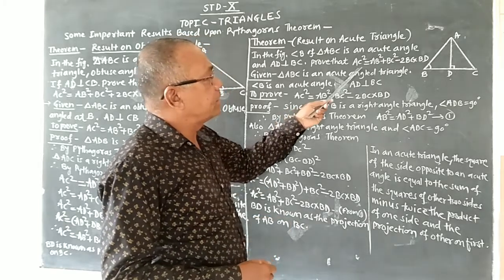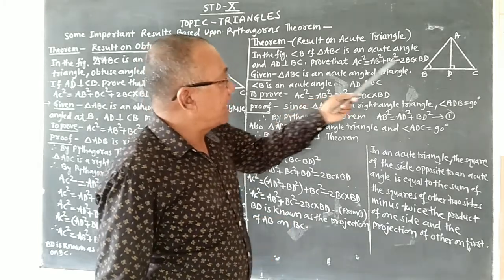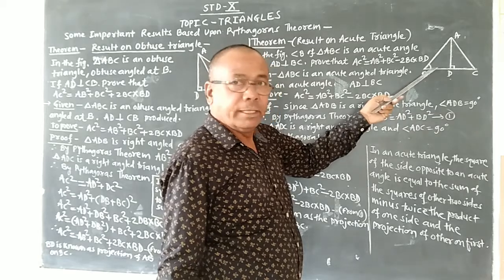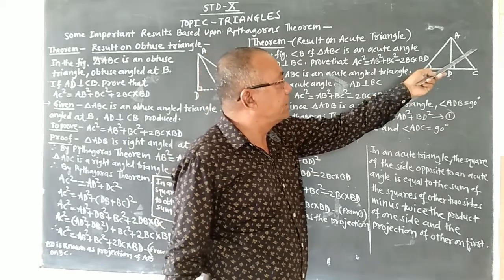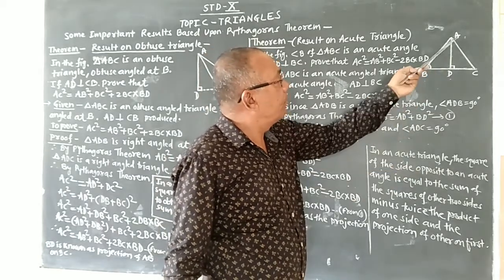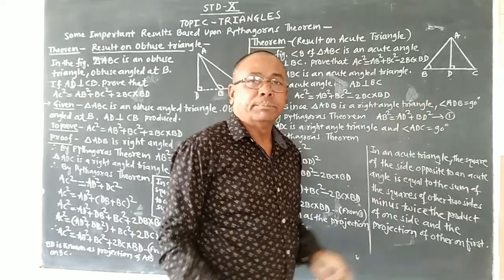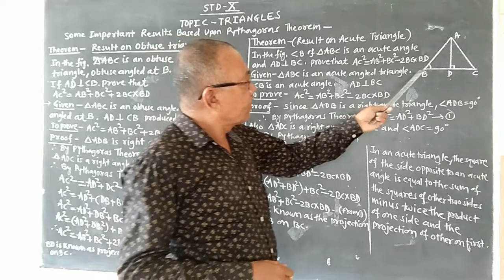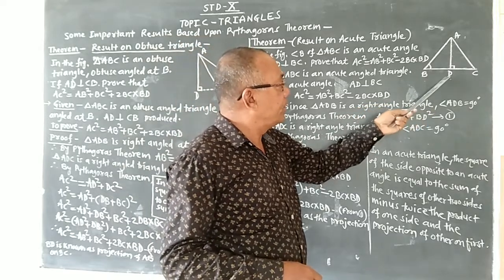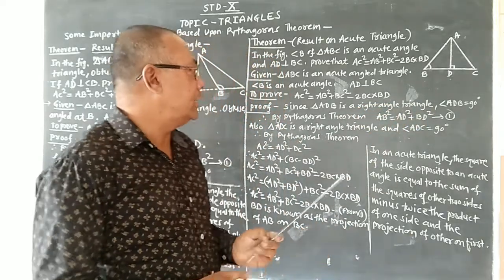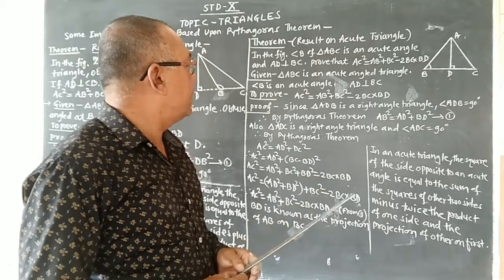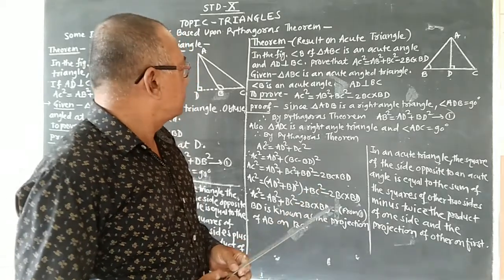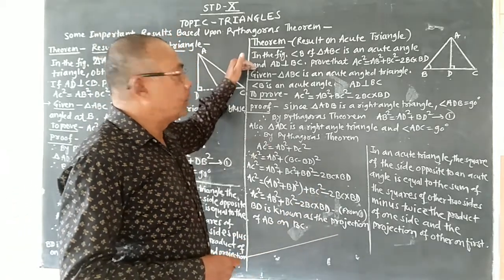Then prove that AC square, means the side opposite to B, the acute angle, is AC. AC square is equal to AB square plus BC square minus 2BC into BD. So we will prove now.